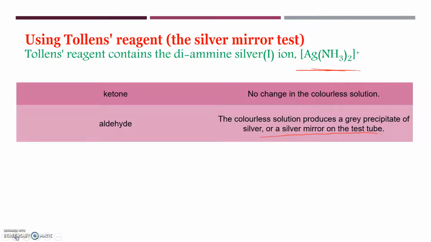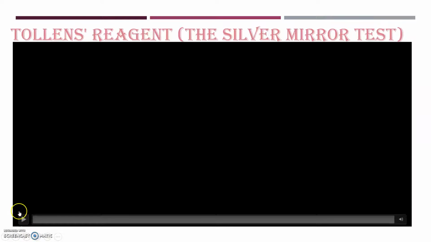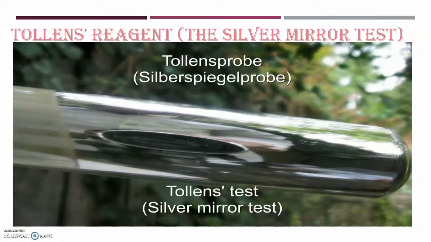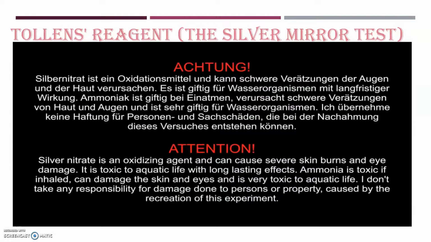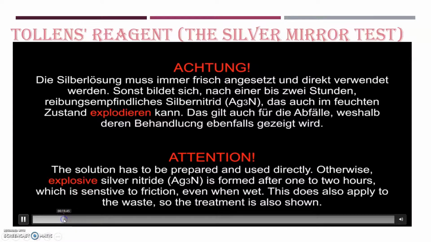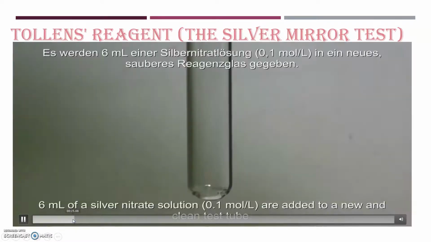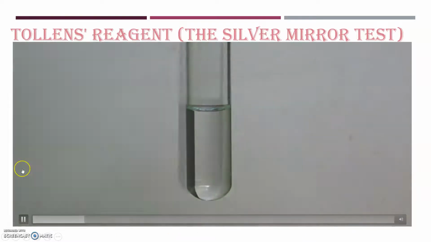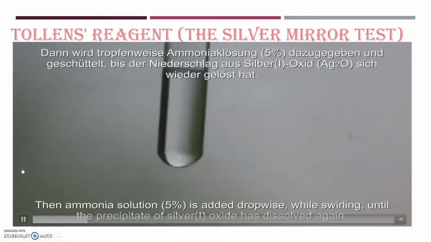Now let's take a look at the experiment in this video. The Tollens test. You take 6 milliliters of silver nitrate and add it into a clean test tube.